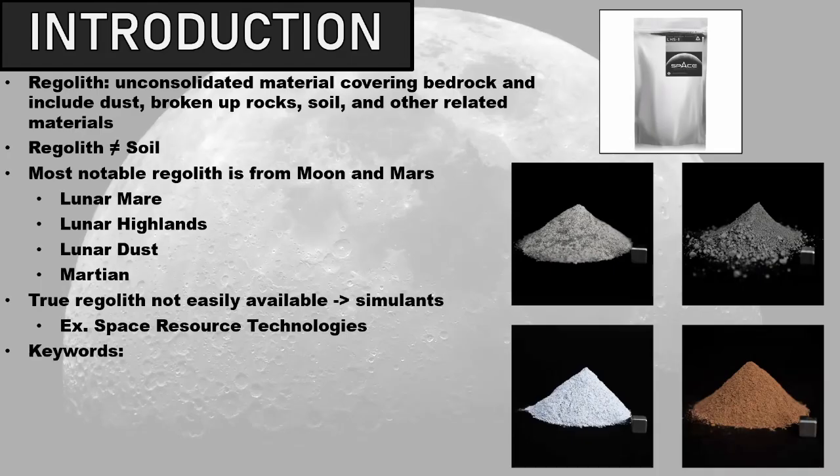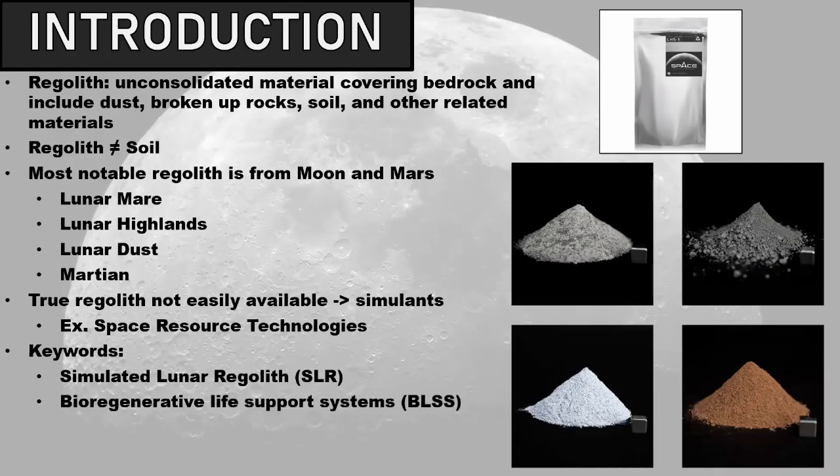Now, when we talk about regolith research, there's a variety of keywords that come up over and over again, so it's good to get our heads around them. Simulant lunar regolith, or SLR, is lunar regolith that is made from Earth materials, so it's not real, but it mimics real regolith. There's bioregenerative life support systems, or BLSSs.